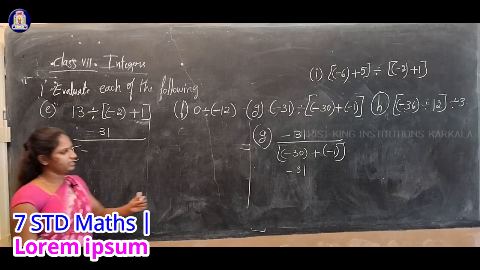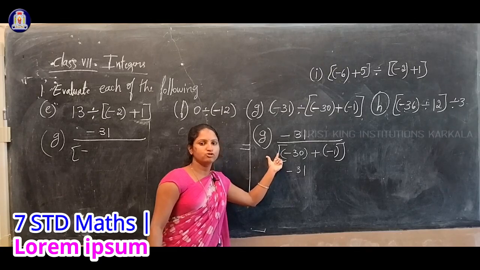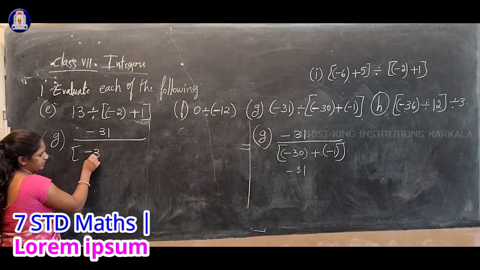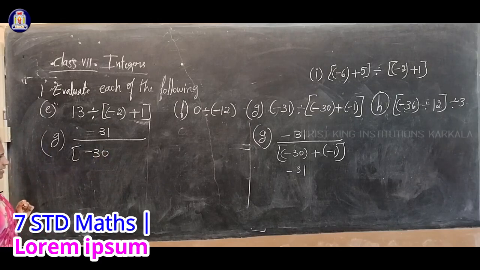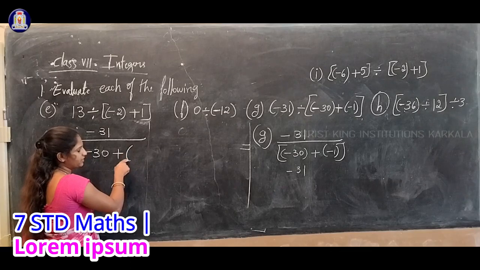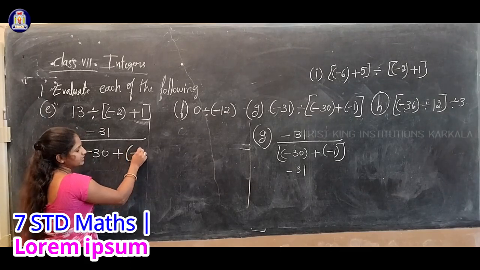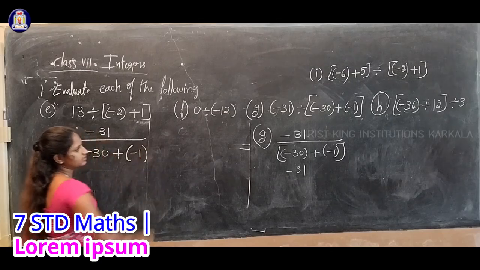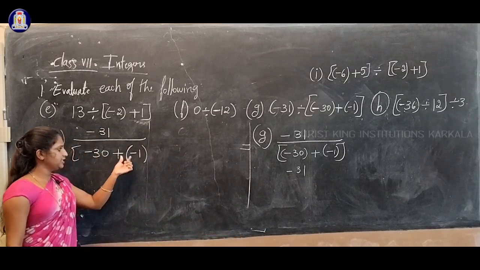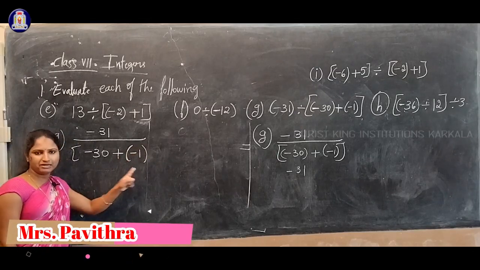see, before the term minus 30, is there any other sign or number? No. So there is no need of writing it in a bracket, we can directly write minus 30. In between there is a bracket: plus minus 1 means plus into minus 1, and a bracket means multiplication.